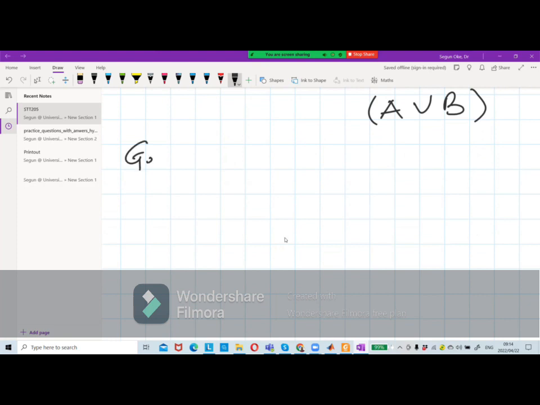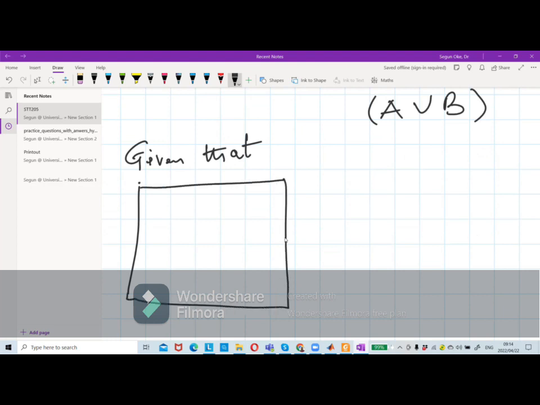Given that we have a Venn diagram with our universal set. We have A, we have B. A is here, B is also here.